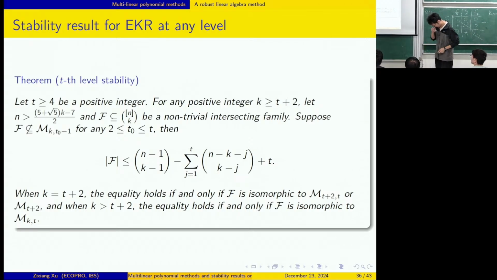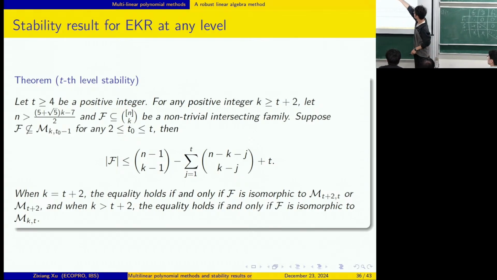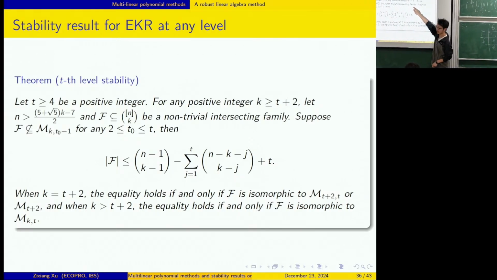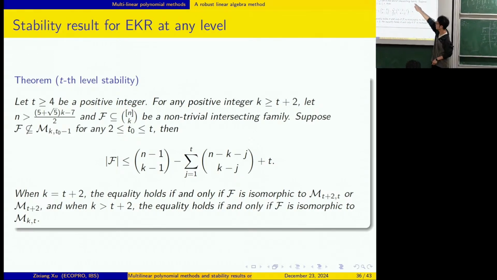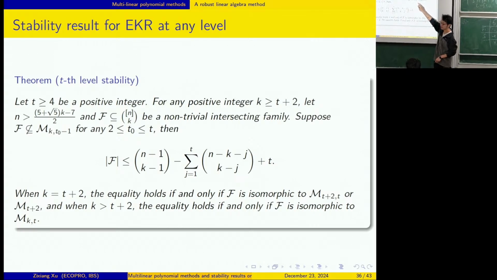Our statement reads like this, because I simplified the statement. I don't want to write a paper using too much structure analysis, so I have made some extra assumptions. The first assumption is that the uniformity k is at least t plus 2, where t means the level of the stability.